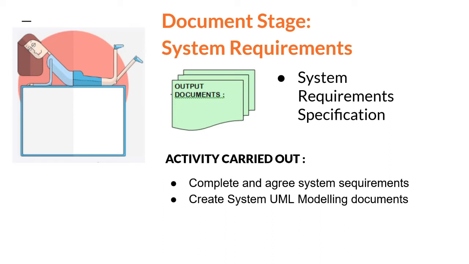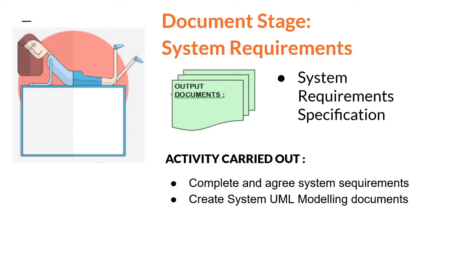We also create use cases documents for the system which describe what different kinds of users are involved in the system, the end users, and how they will use it and what functionality they need when they're going to be using the system.